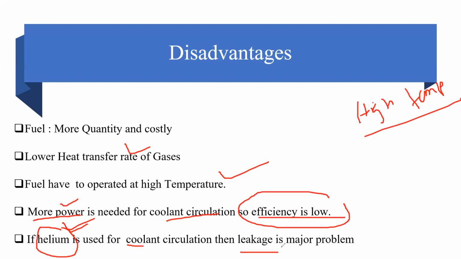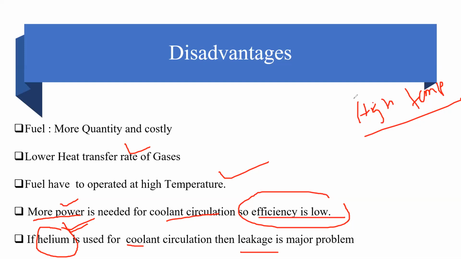If there is any leakage in the reactor vessel, then it is very hazardous to the people and to the environment. So whenever we handle, or whenever we start the chain reaction, it is very important to properly handle all the components, and to save the people and the environment.